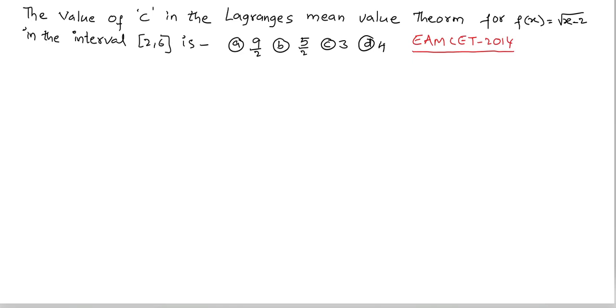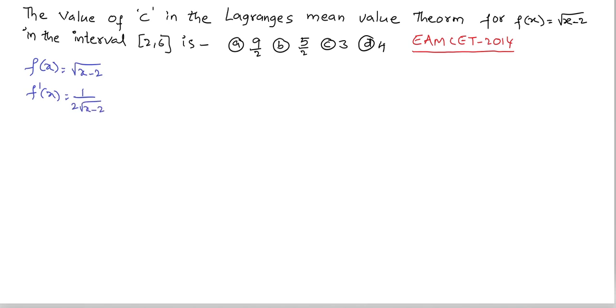The value of c in Lagrange's mean value theorem for f of x is equal to root over x minus 2 in the interval [2, 6] is dash. This is an MSET 2014 question. Here the given function is f of x is equal to under root of x minus 2. Find the derivative: f dash x is equal to 1 by 2 root x minus 2.